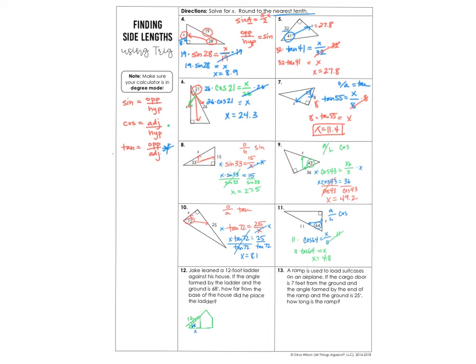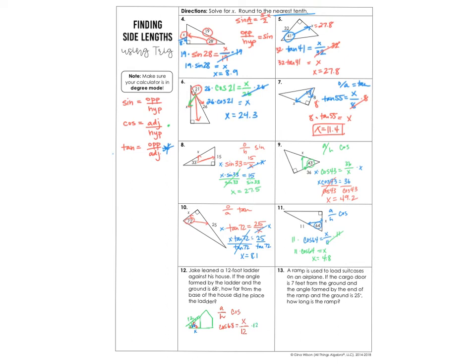Okay, so based on that angle, this angle here at the ground, we are given the adjacent and the hypotenuse. Okay, so adjacent over hypotenuse. So this is no different than what we were just doing. You just had some more extra words. So that means cosine is the function that we're using. So we're doing cosine of the angle, which is 68, equals the adjacent side, which is x, over the hypotenuse. And this gave us one of those easier problems.